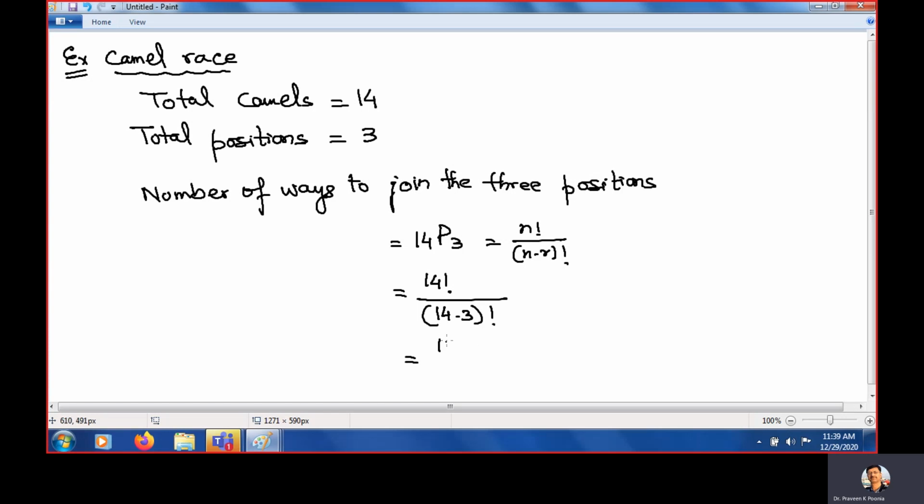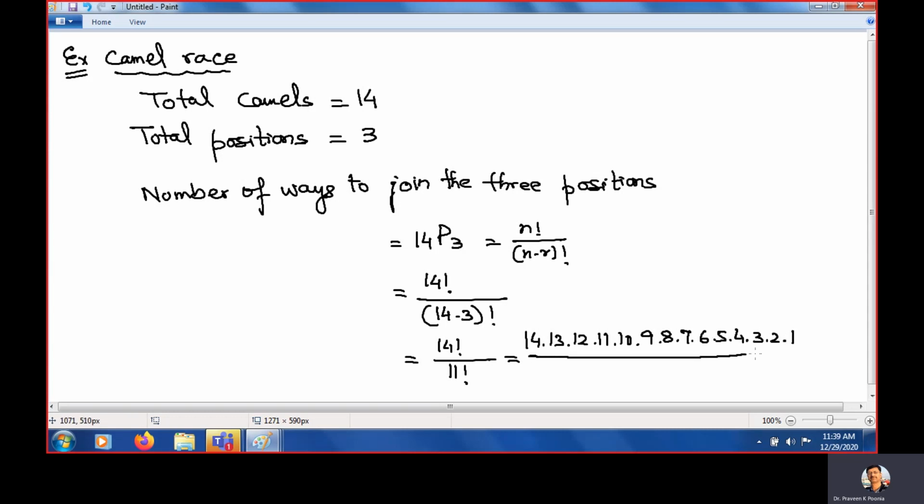It is equal to factorial 14 upon factorial 11. If you write the value of 14 factorial: 14 times 13, 12, 11, 10, 9, 8, 7, 6, 5, 4, 3, 2, 1.